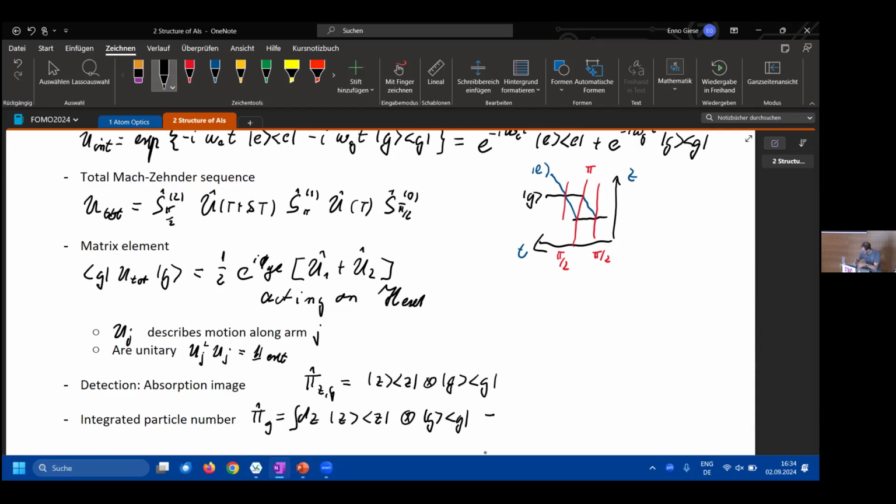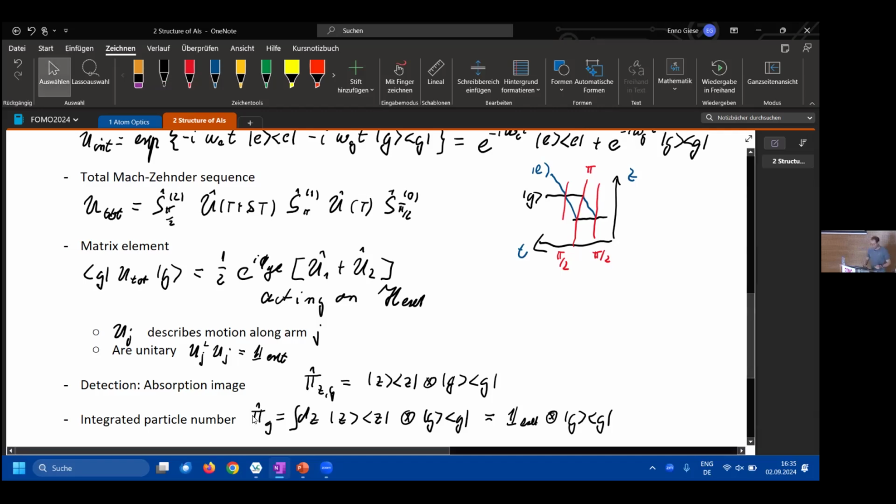And having that in the ground state, by the completeness relation, this is just the identity on the external degree of freedom times G. So that tells you I have my cloud, and I just take basically all the pixels, assign atom numbers to them, sum them up. And then only for G, because, exactly, we measured only for G.